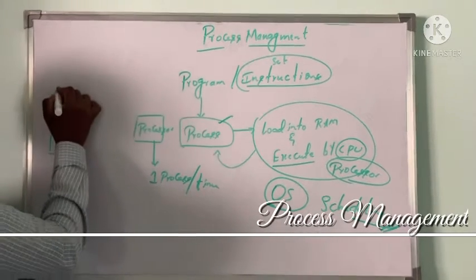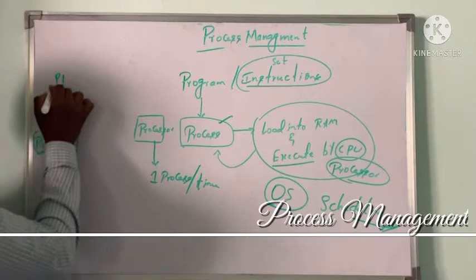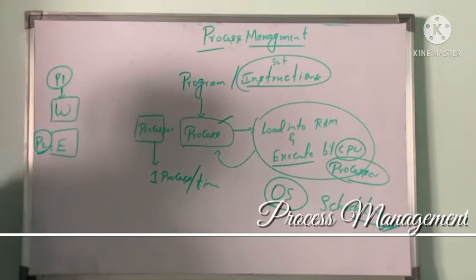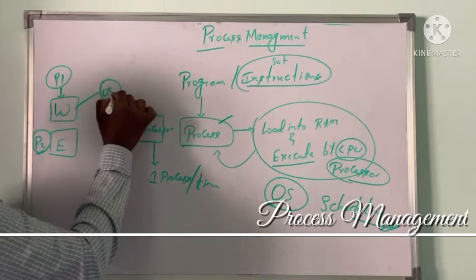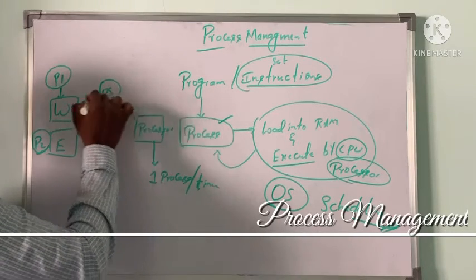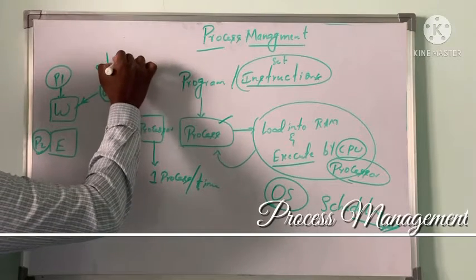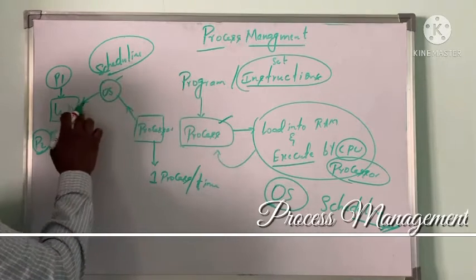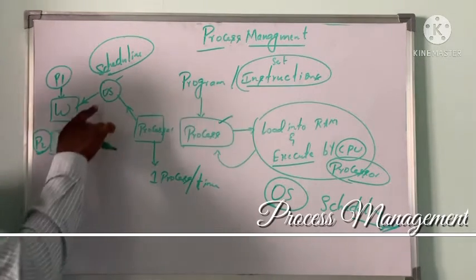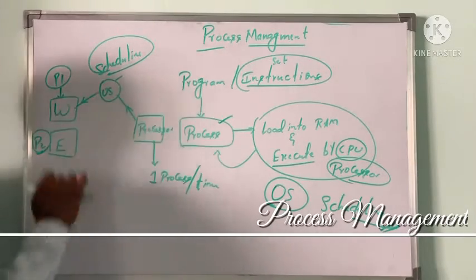If you have Word as process 1 and Excel as process 2, you have two processes in your memory. If you want to execute Word, your operating system selects Word and allocates the CPU to it. This is considered scheduling: the operating system selects which process to execute and allocates the processor to it.